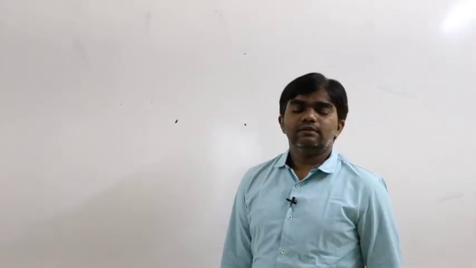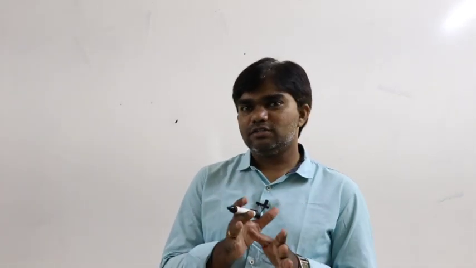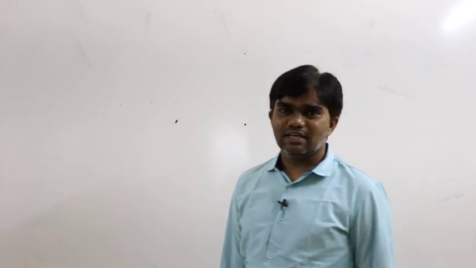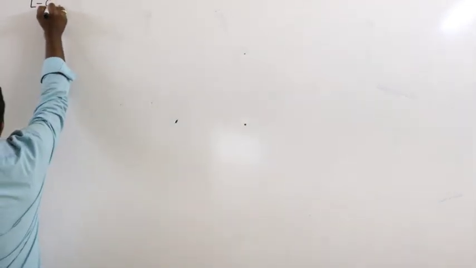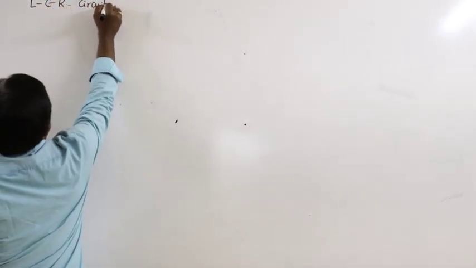So good morning. Now we discussed already about pure resistive circuit, pure inductor circuit, pure capacitive circuit, and the combinations LR circuit, LC circuit, RC circuit. Now the combination of three, the LCR circuit.